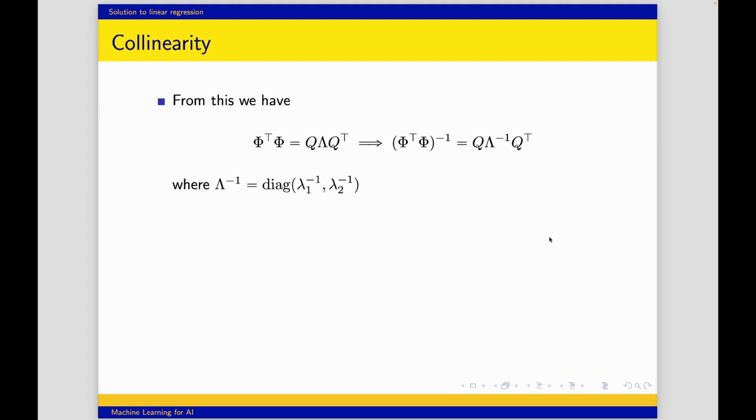All right. So from that eigen decomposition, we can write this. So what's the inverse of this, which is what appears in the Moore-Penrose pseudo-inverse? It's going to be Q lambda Q transpose to the minus 1. So that is equal to this to the minus 1, because that's equal to that.